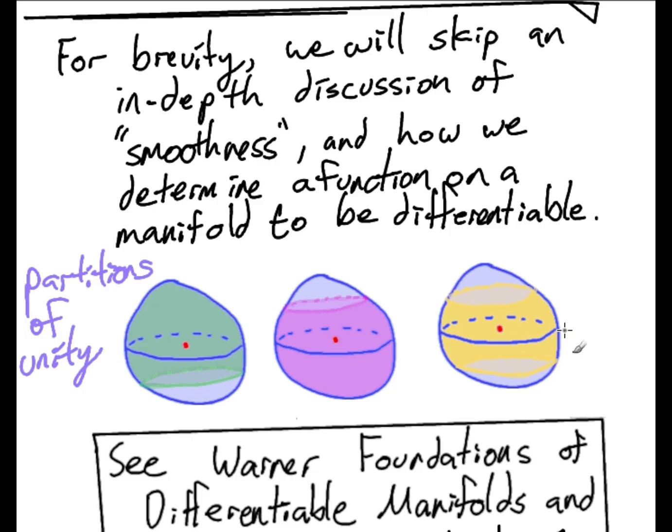The reason we like that is because then we can just multiply that by whatever function we need. We have some base function that we're working with, and then we can describe any other function on the manifold by modifying that partition of unity. That is all the detail that I'm going to go into for the purposes of smoothness, because this gets really dense really fast. A lot of calculus.